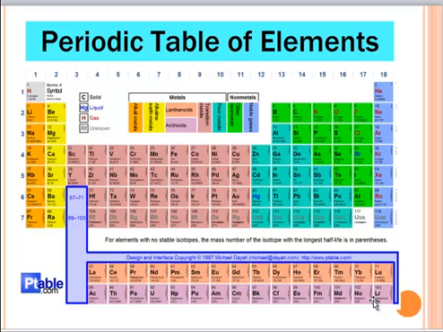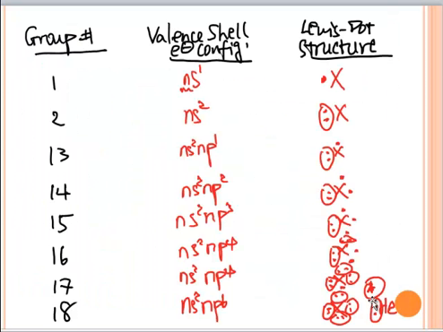You should draw a conclusion, because the periodic table was initially arranged based on similarity in chemical properties. So now the valence shell electron configuration is the determining factor for the chemical properties. The reason why elements within the same group or family exhibit similar chemical properties is that they have identical valence shell electron configurations.